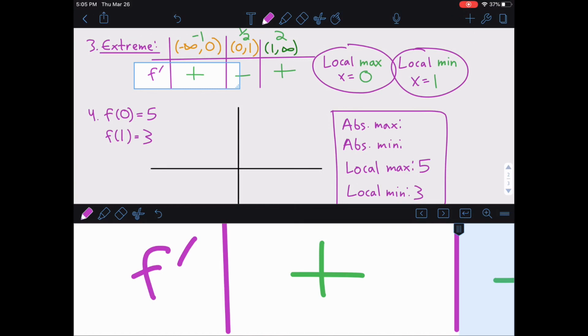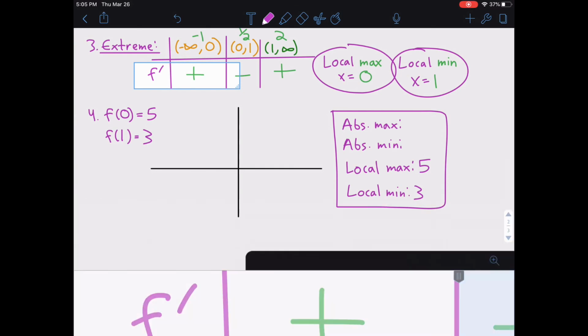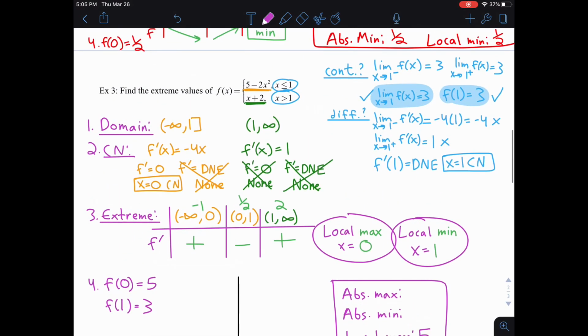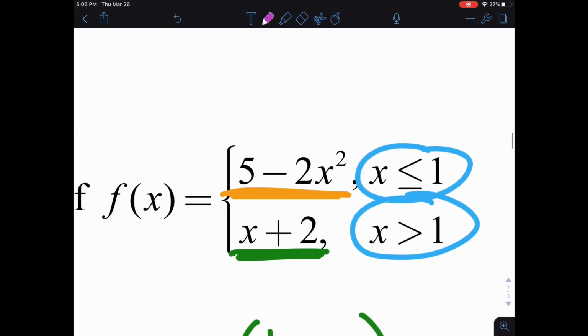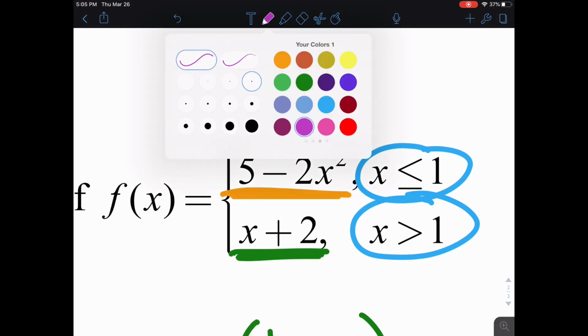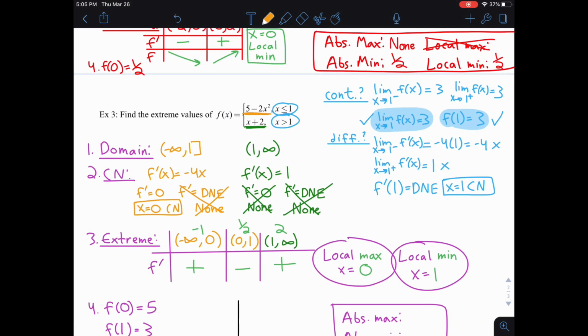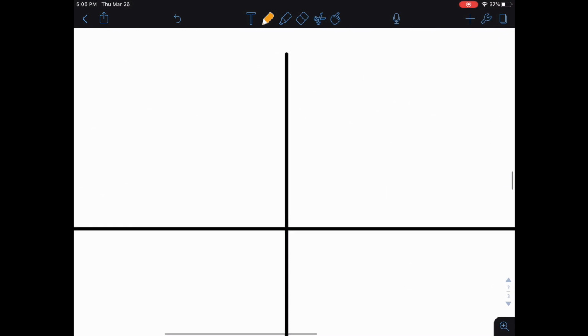So to help this process along, one thing you can do is you can always just graph the function, okay? There's nothing wrong with graphing the functions, right? And in this case, the two functions we have here that make up the two pieces of f are very simple pieces, right? 5 minus 2x squared, that's an upside down parabola shifted up 5 units. That should be a pretty easy graph to make, right?